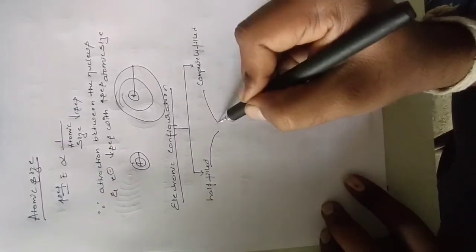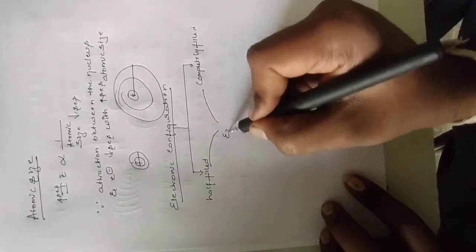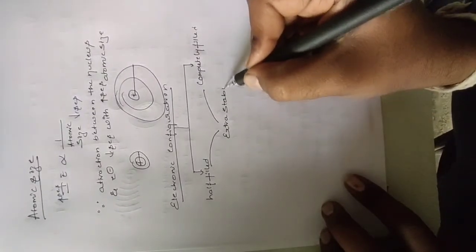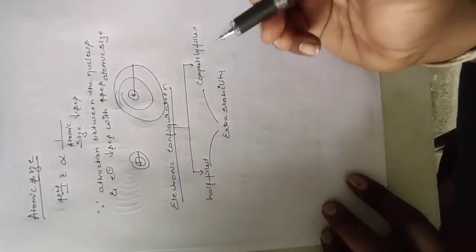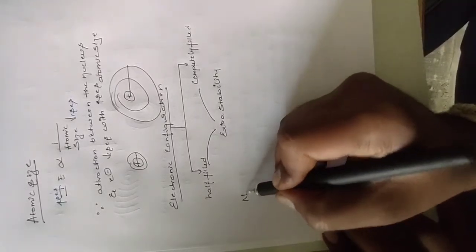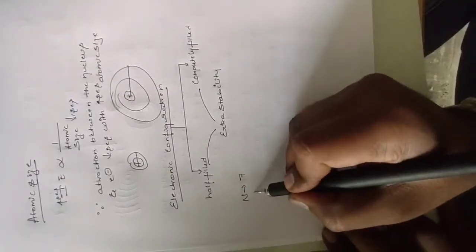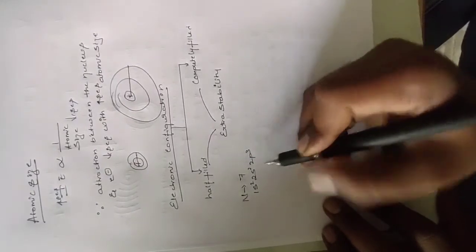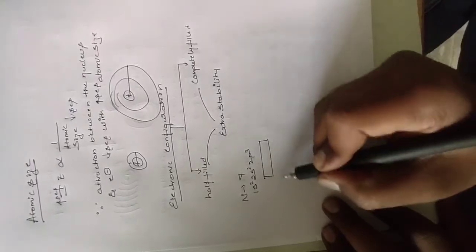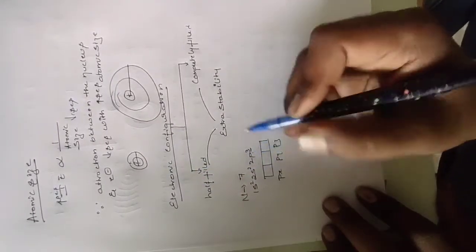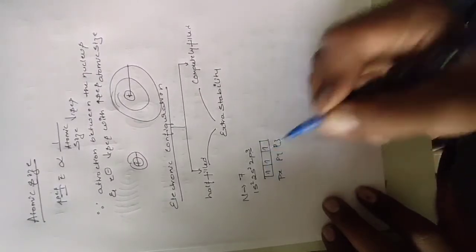Half-filled or completely filled orbitals show extra stability. Sir, how can you tell that half-filled or completely filled shows extra stability? For example, nitrogen, atomic number 7, has electronic configuration 1s2, 2s2, 2p3. If you write px, py, pz, in the p orbitals the three are half-filled, correct?